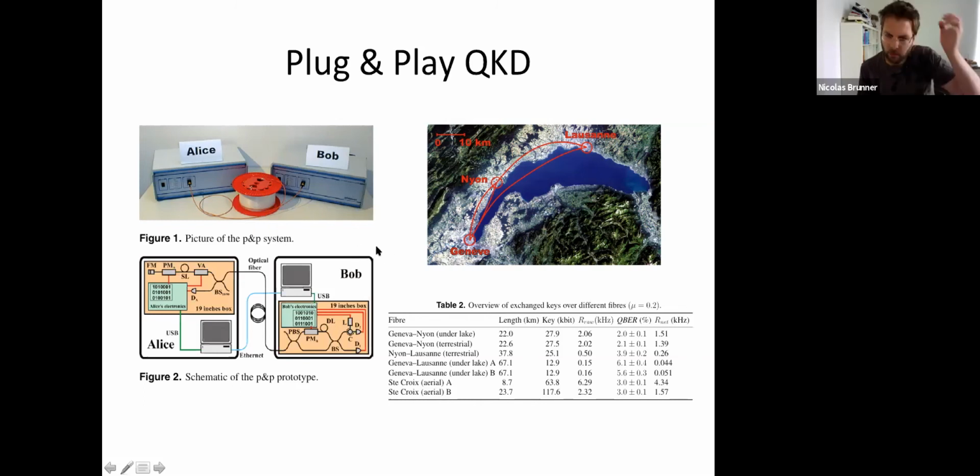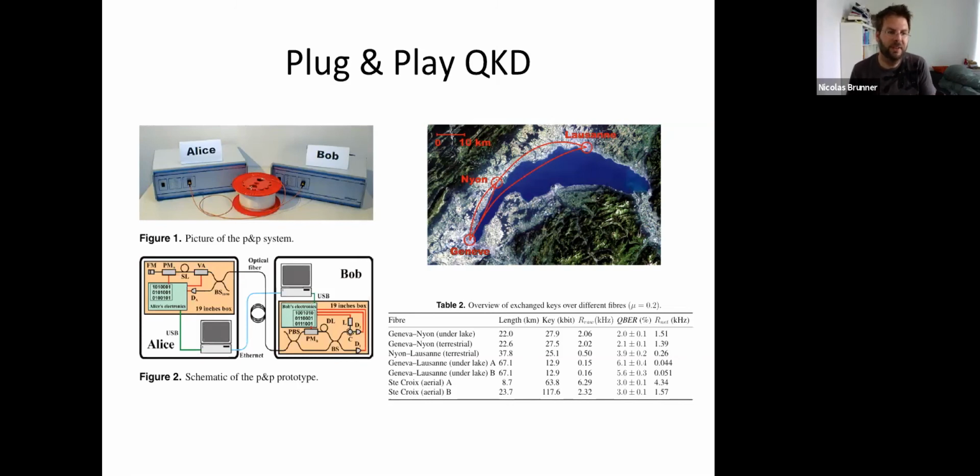And almost 20 years ago, they created a little company called ID Quantique, which is by now a pretty big company, still in Carouge. And this is now the world leader in the business of quantum cryptography.